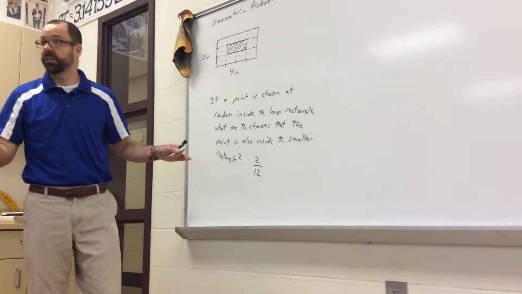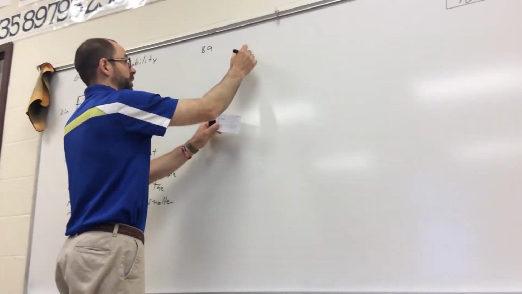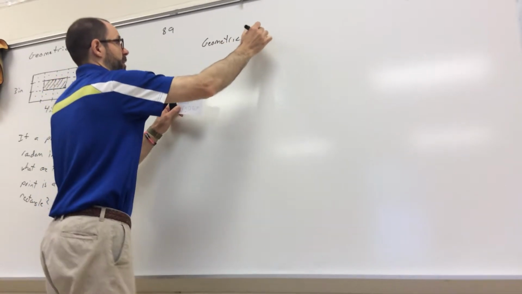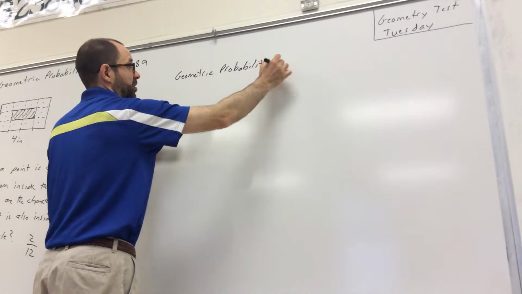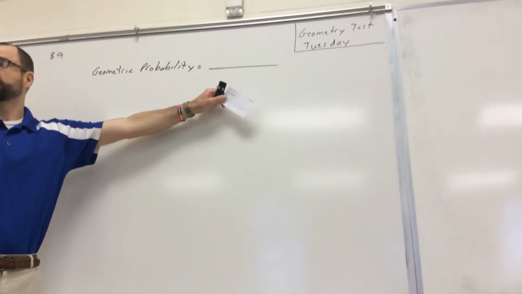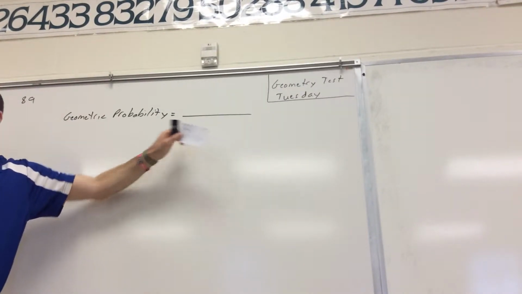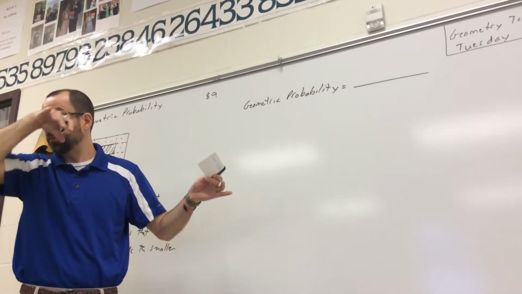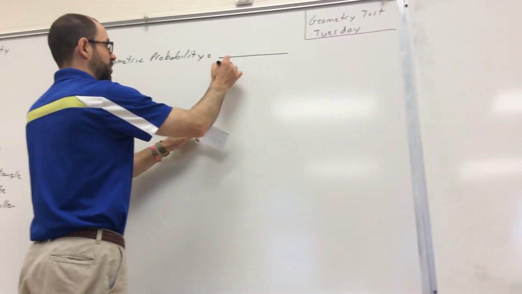So the concept today is going to be geometric probability, and what you do to figure out geometric probability is you make a fraction, of course. Because probability is always a fraction, like 1 out of 6 or 3 out of 12 or something like that. And on the bottom, you're going to put the total area.